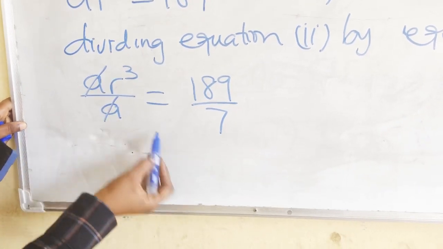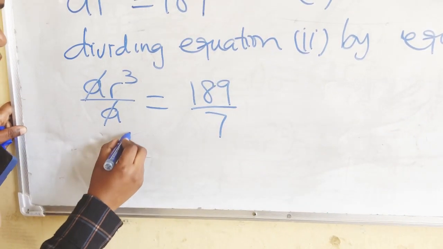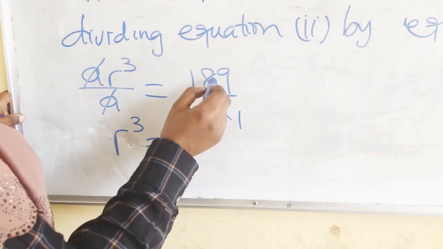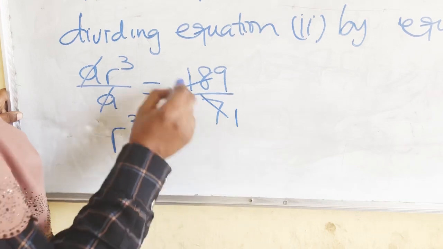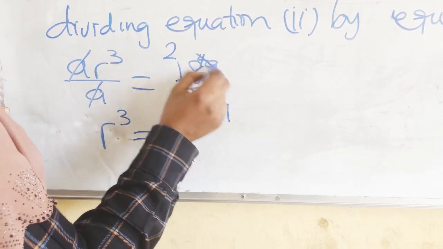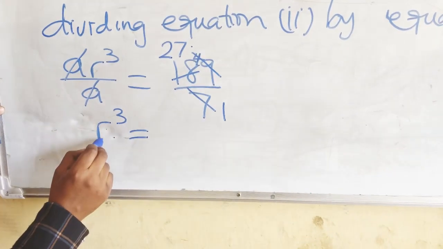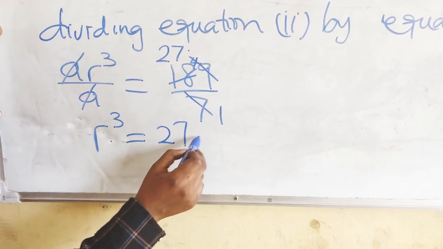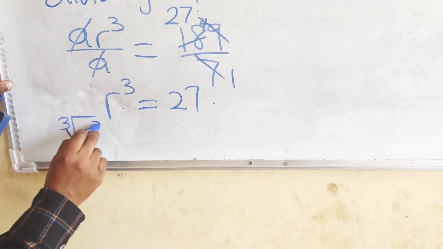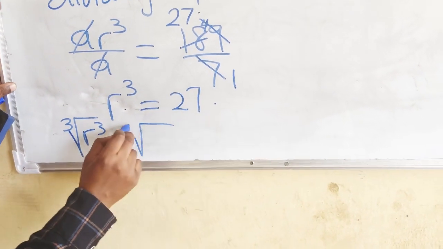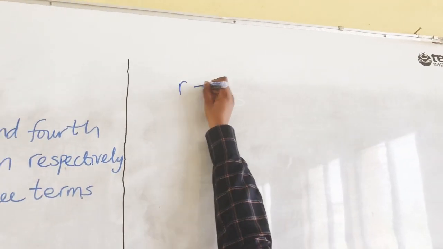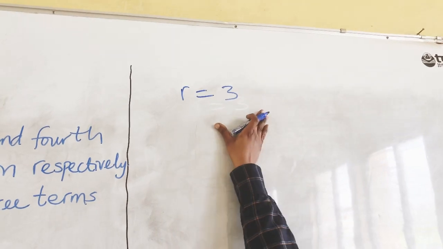So A cancels, we are left with R cubed is equal to 189 over 7. 7 in 18 is 2, remainder 4, 7 in 49 is 7. So R cubed is equal to 27. Taking cube roots of both sides, R is equal to the cube root of 27, which is 3. That is, the common ratio is equal to 3.